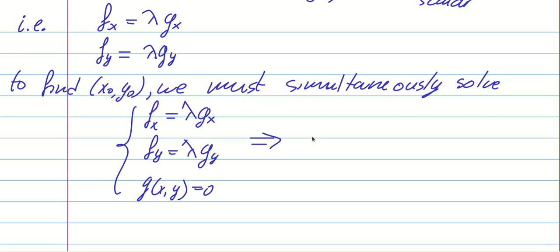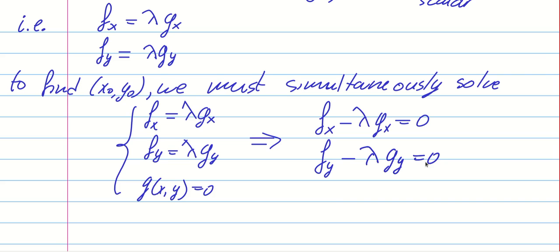But we can take the system and write it as partial of f with respect to x minus lambda partial of g with respect to x equal to 0, partial of f with respect to y minus lambda partial of g with respect to y equal to 0, and g of x y equals 0. So we can write it as this system.